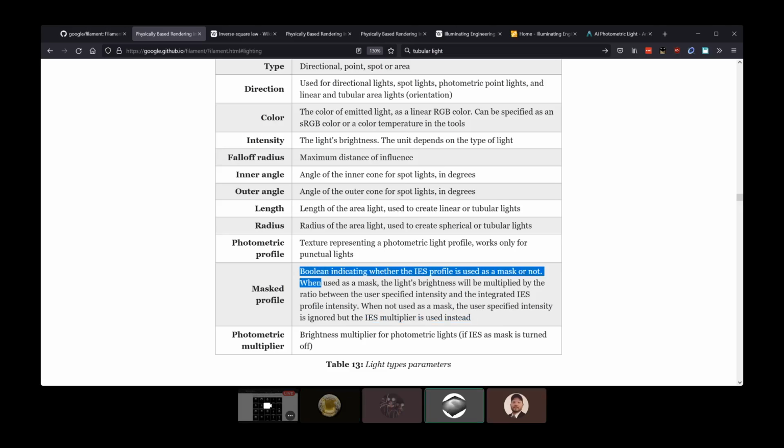So you can mask or multiply? Okay, so whether the user supplied intensity is considered?